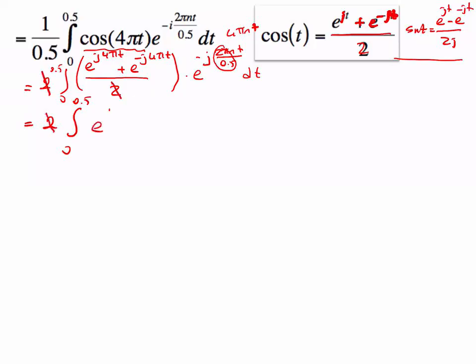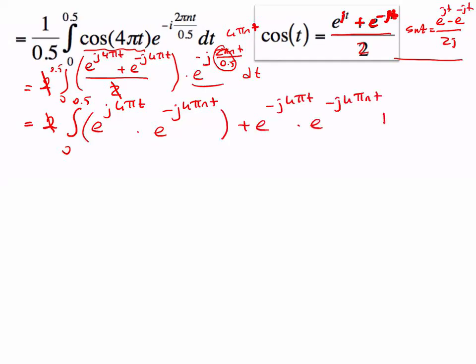So I will have e to the power j 4 pi t times e to the power minus j 4 pi n t plus e to the power minus j 4 pi t times e to the power minus j 4 pi n t dt, okay? So it is something like that. So what will I see here at this point?